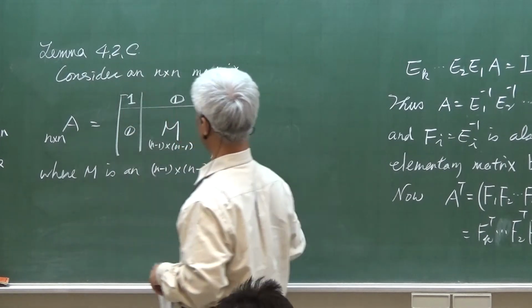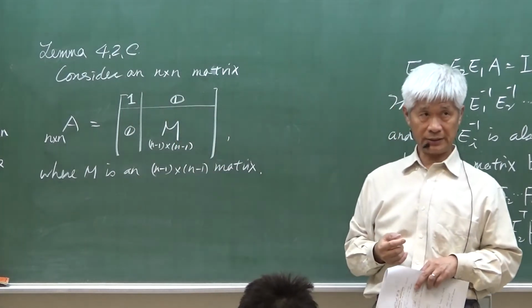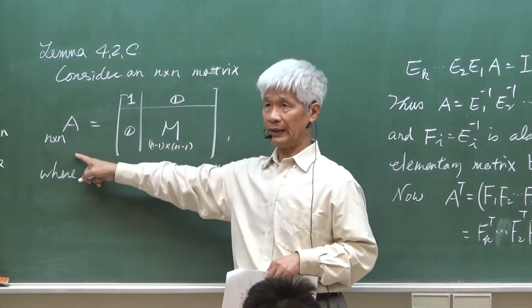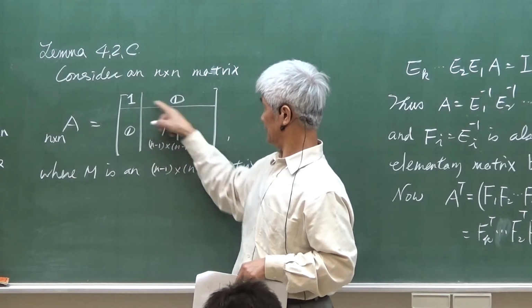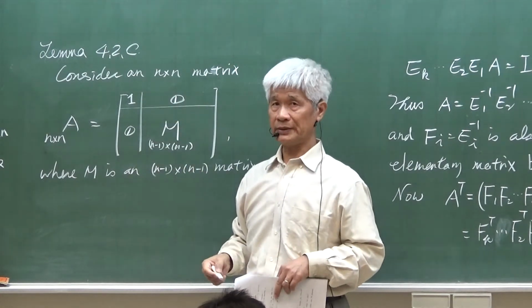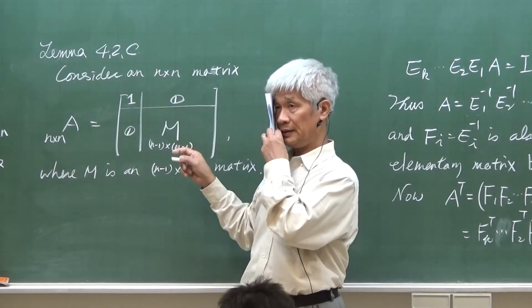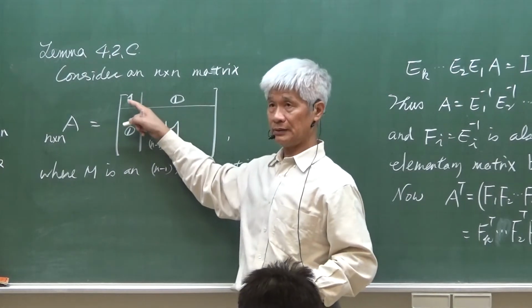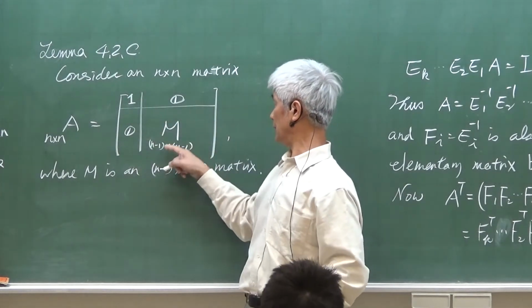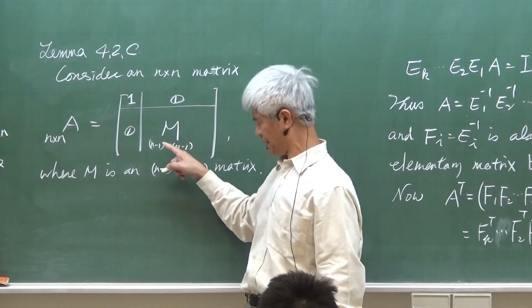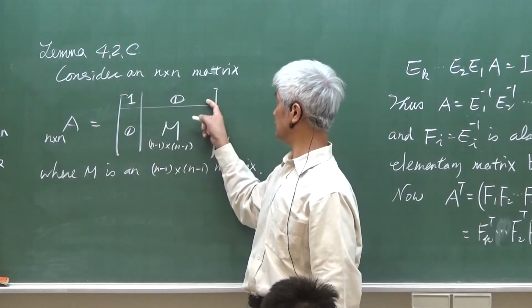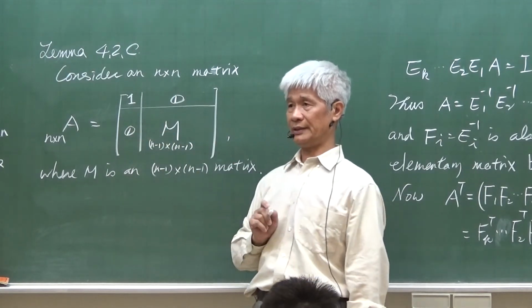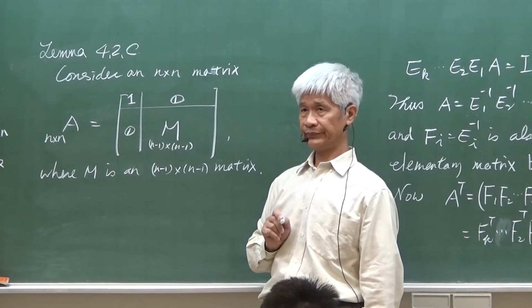So consider a special type of matrix here, and A is n by n, but it can be decomposed blockwise, like this one. So this is just the scalar one, and we have an n minus 1 times n minus 1 square matrix right here, and this is all zero entries there. Okay.